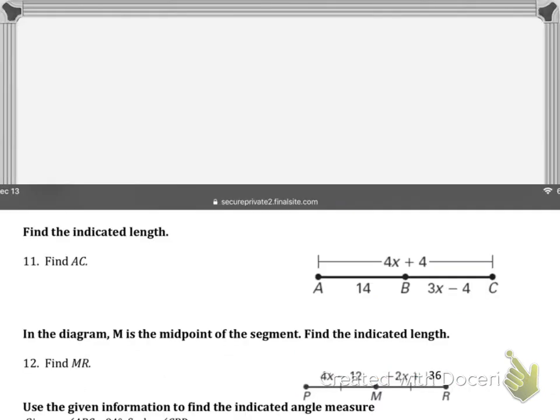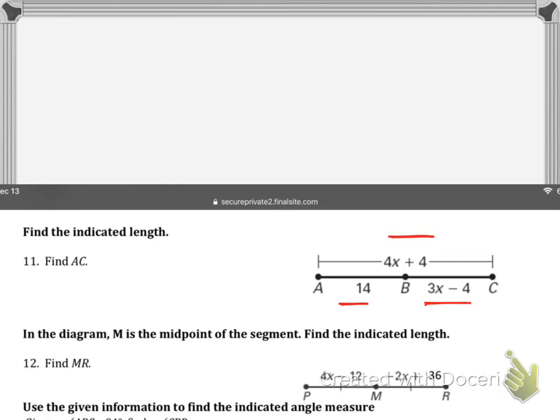Okay, so here's 11. They're asking for the length of AC. What I see here is that I have a number and two expressions. I have no information about B. I do not know whether it's the midpoint or not, and you never want to assume anything in geometry. They have not told us it is the midpoint, so we should never assume it is.